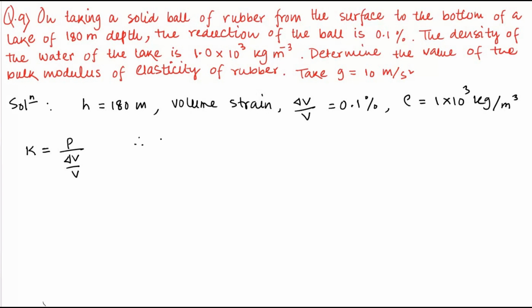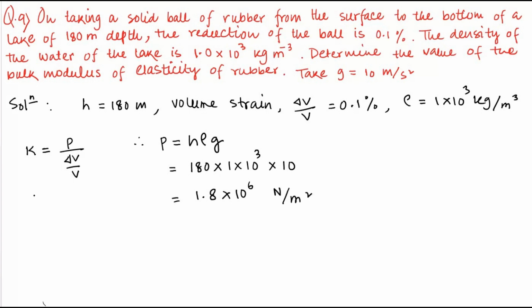So we know that pressure P is equal to H rho G. This is a formula, and from here H is 180 meter, rho is 1 into 10 to the power 3, and G is 10 meter per second square. So this is equal to 1.8 into 10 to the power 6 Newton per meter square.